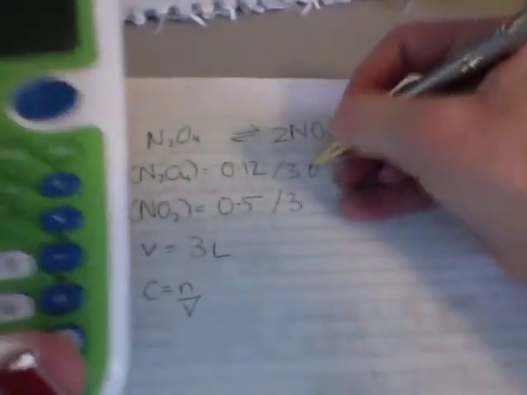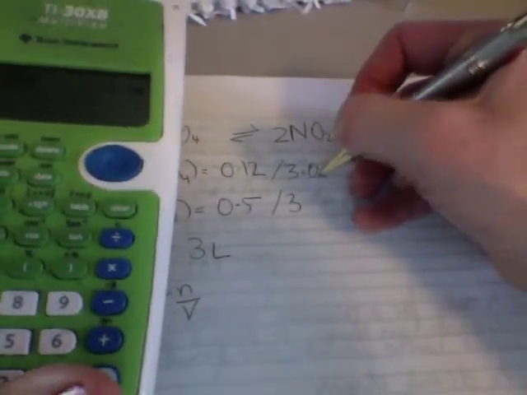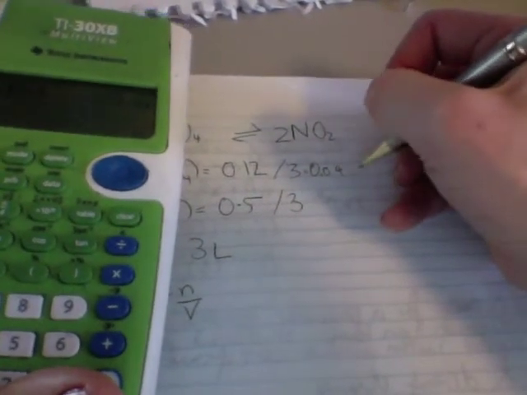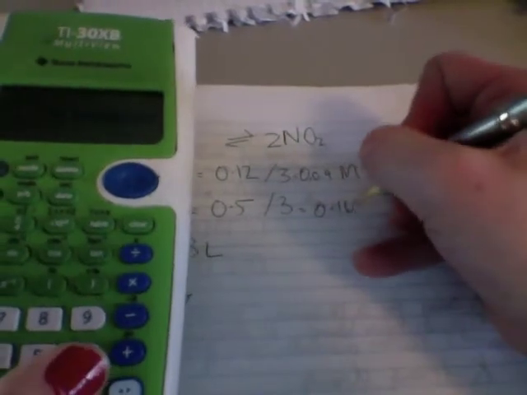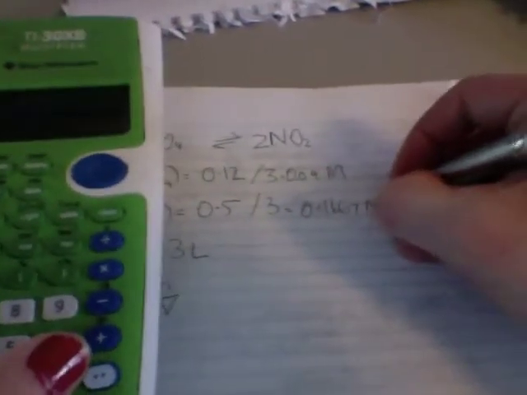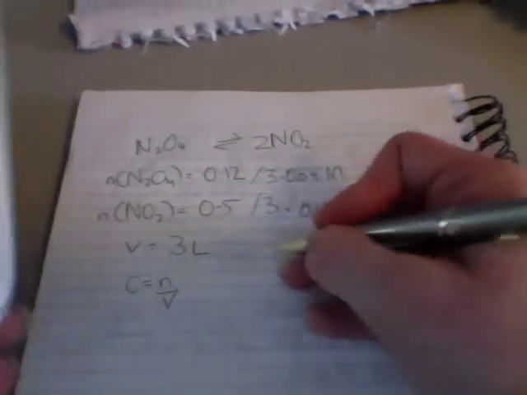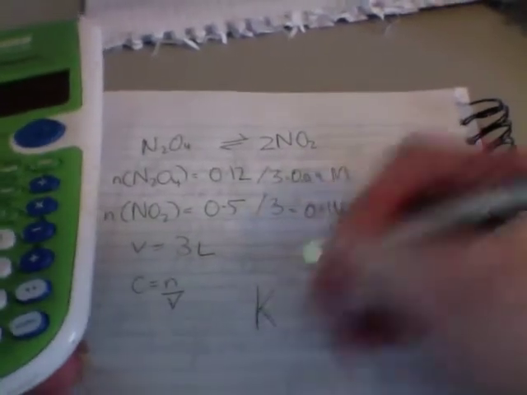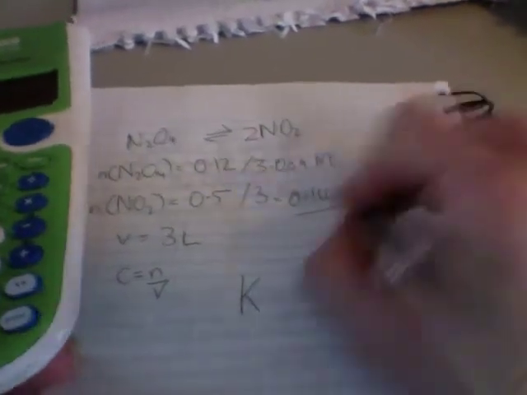The concentration of N2O4 is 0.04 M, and the other one is 0.5 divided by 3, 0.1667 M. So how can we work out K? Remember, keep this value in your calculator.